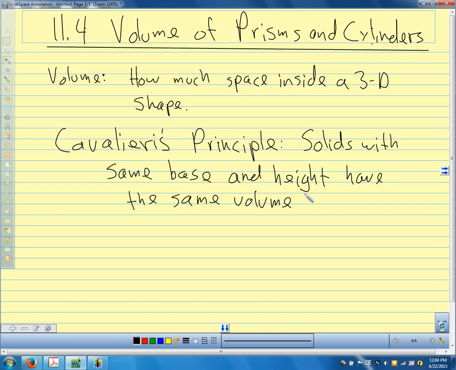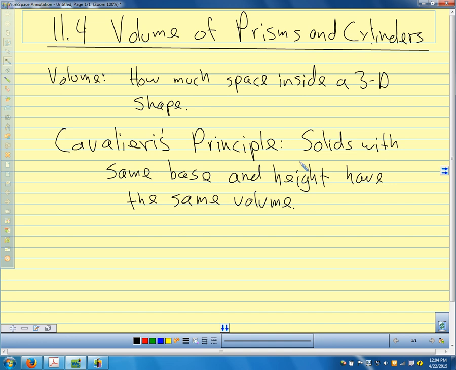We can change the shape of the slinky as long as we're not making it skinnier in the middle. I can make it oblique, or I can make it right, and it has the same volume. Essentially, oblique prisms and oblique cylinders have the same volume as right prisms and right cylinders.